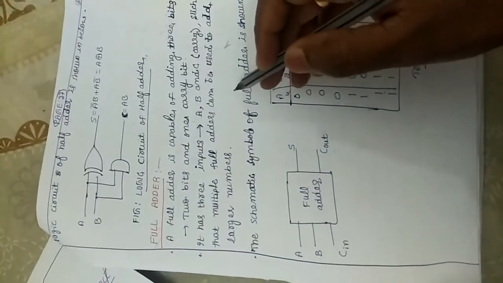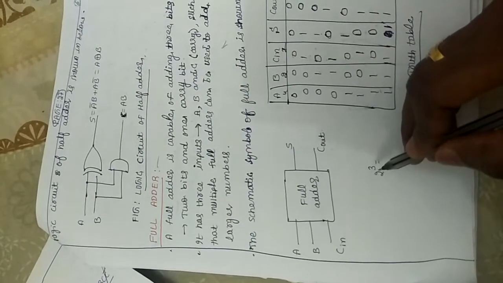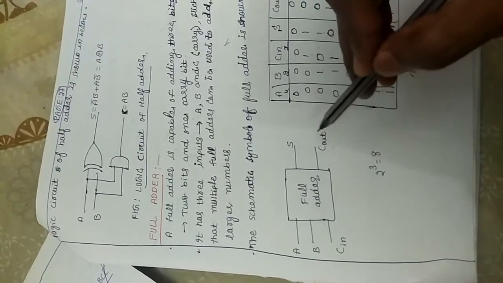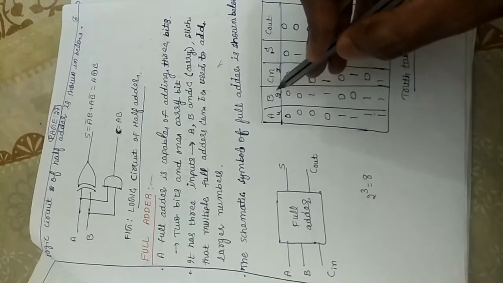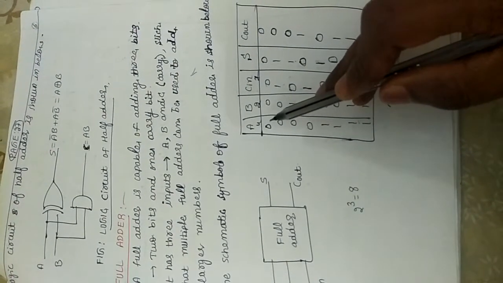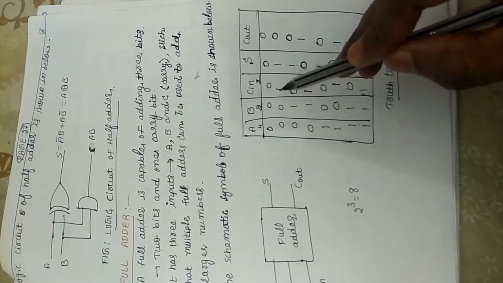If we come to the full adder, for the full adder there will be 3 inputs A, B and carry in. So 2 to the power of 3 means a total of 8 combinations will be there. 2 outputs, sum and carry out. So we have to write in 4 to 1 format. These 3 are inputs, S and C out are outputs, sum and carry out are outputs. So I will explain for 3 combinations. 0 plus 0 plus 0 means sum is 0, carry is 0. 0 plus 0 plus 1 means sum is 1, carry is 0.